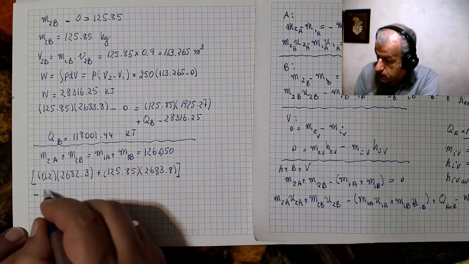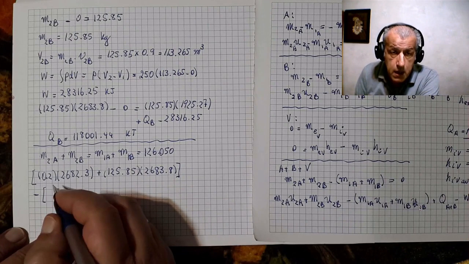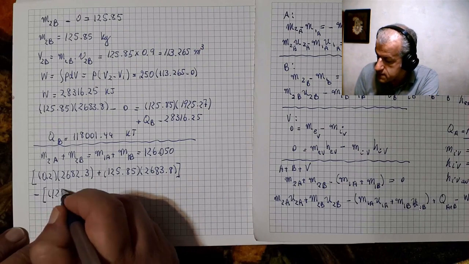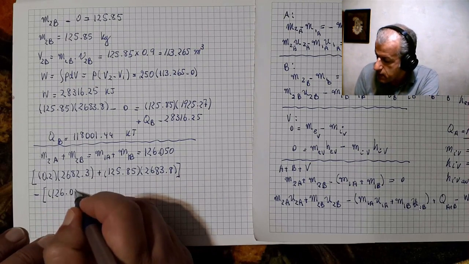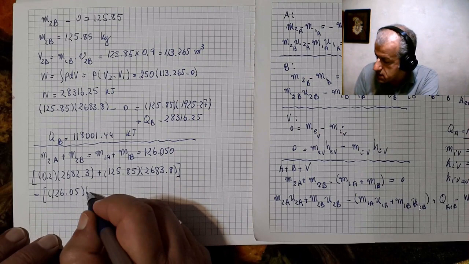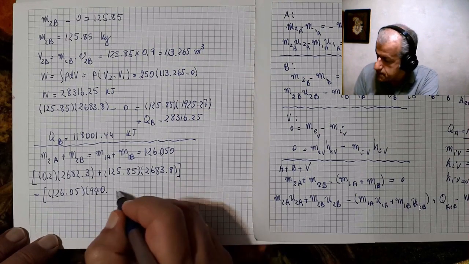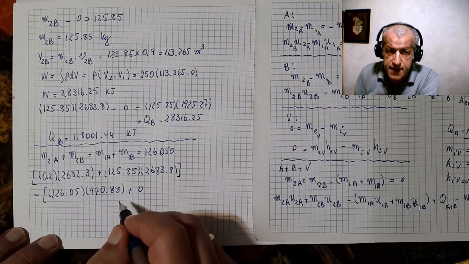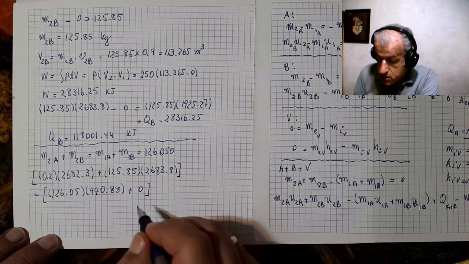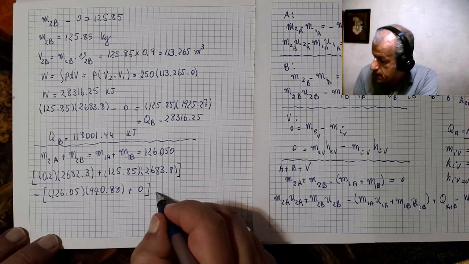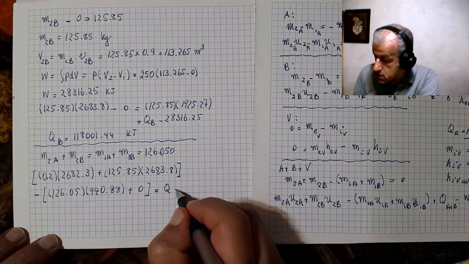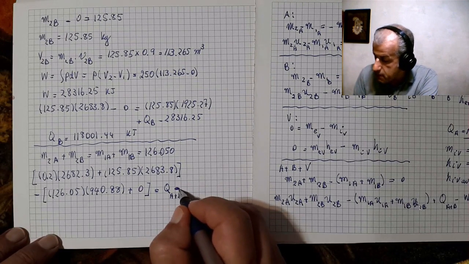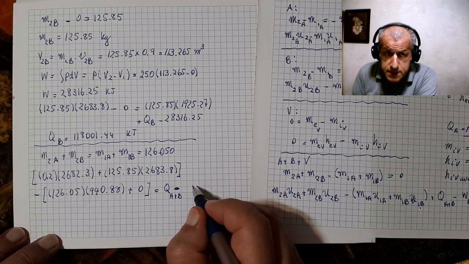That would be M1A U1A, which is 126.05 mass times energy, 940.88 plus 0, since there was nothing in B initially, and that equals Q, which is the total heat transfer, QA plus B, minus work, which is the same.